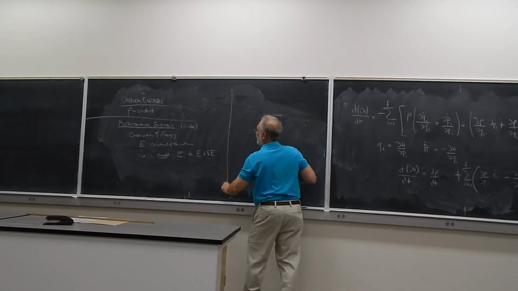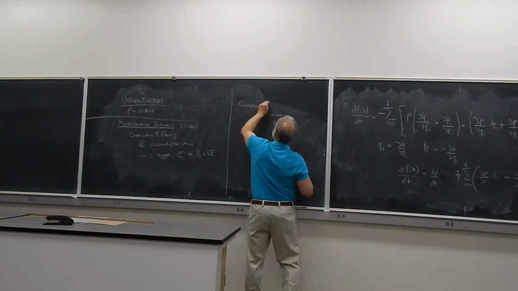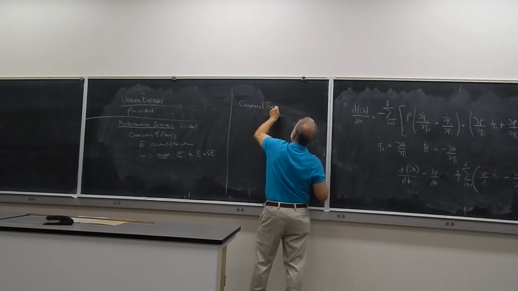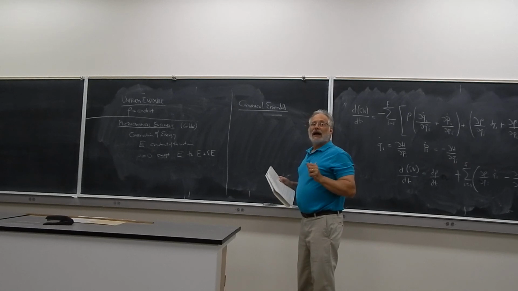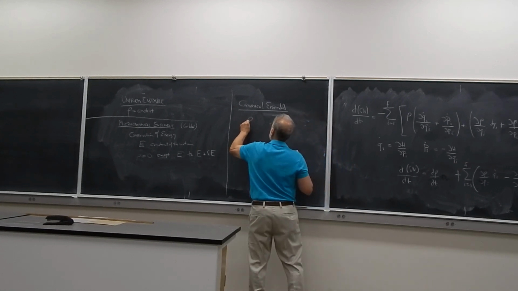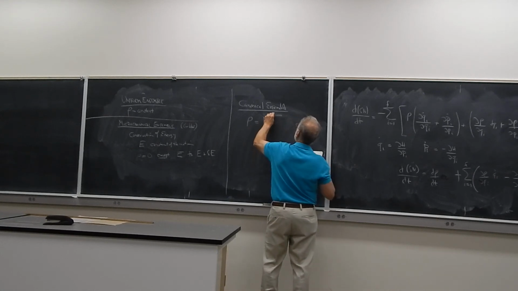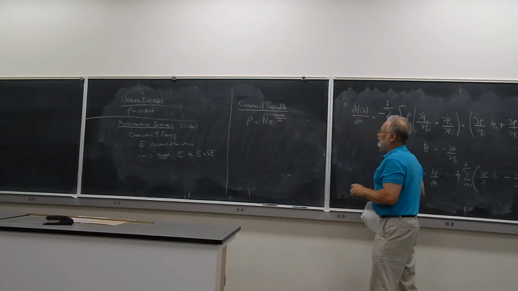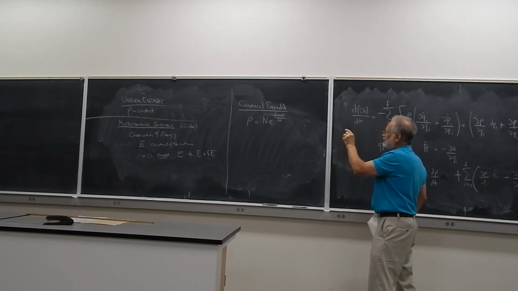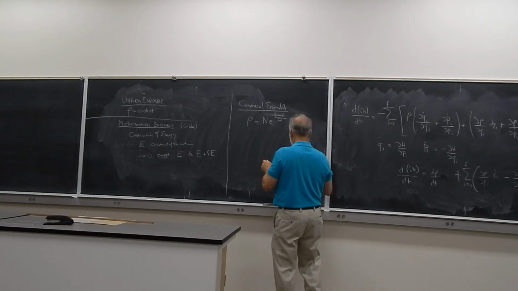The more common and the easier ensemble to deal with, and we will deal with this much more readily later on in the course, is the canonical ensemble. And we can write this in kind of an odd way to write the probability density, but I'm going to write it in this way. N times e to the power of psi minus E over theta. N is the total number of systems in the ensemble.